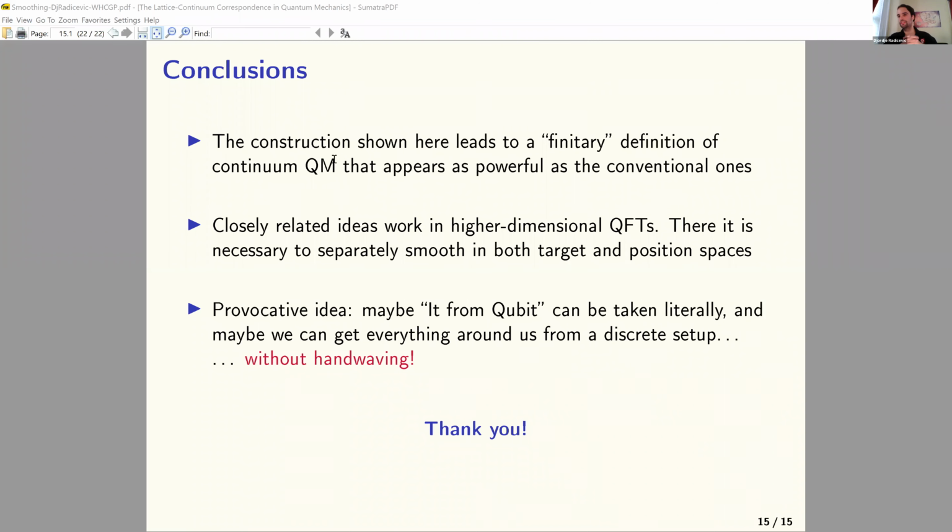So if you want to be very precise about which degrees of freedom actually map, you will end up doing some kind of smoothing like this in the target space, in addition to doing various things in the spatial direction in your 1+1 dimensional QFT. I agree. And in that case, the stuff that I talked about will be relevant.